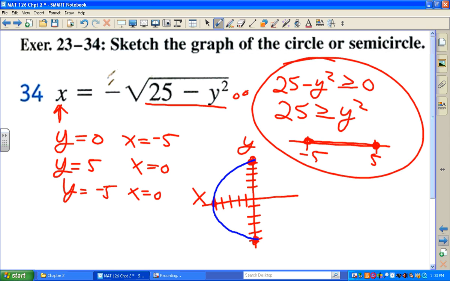X is negative in the second and the third quadrants. X is negative in both of those. Here, y is negative and positive. I think that works. Questions on that? It's just going through thinking about it, and writing down enough steps until you see what's going on.